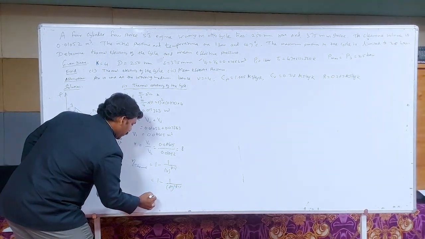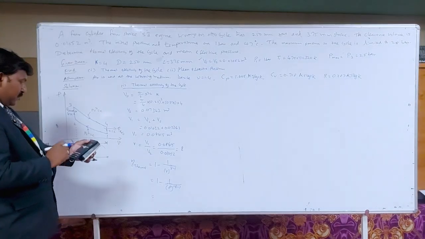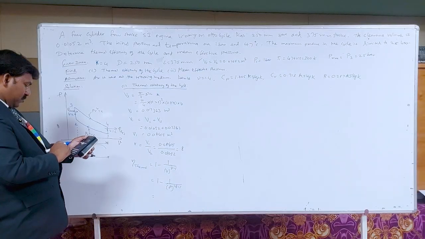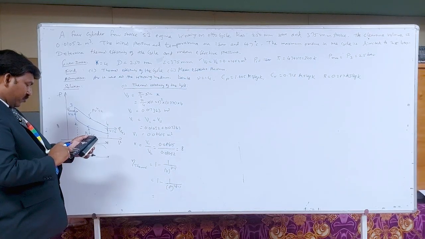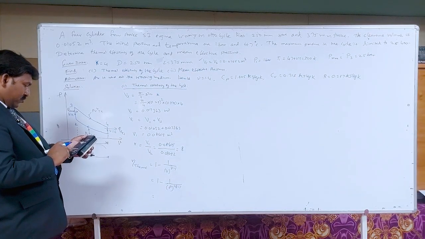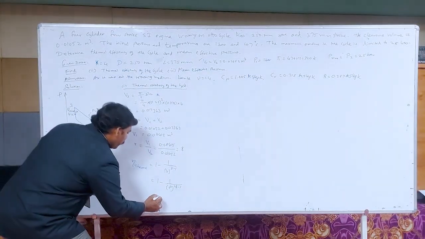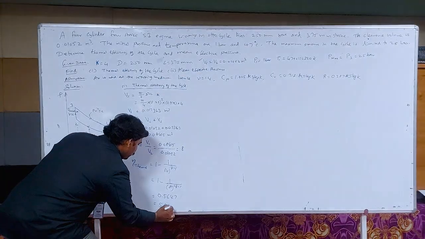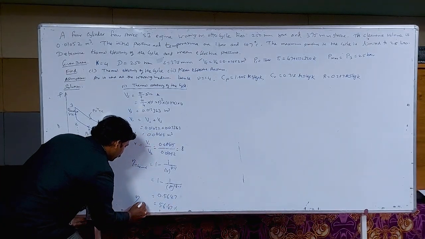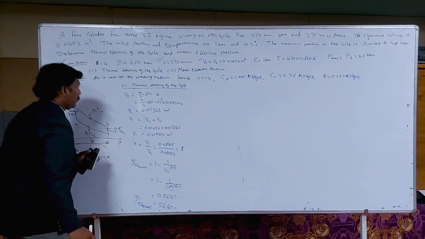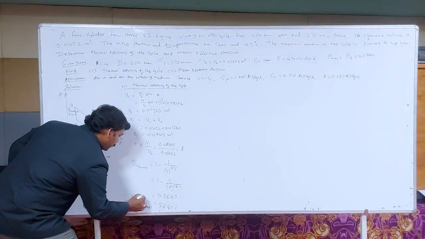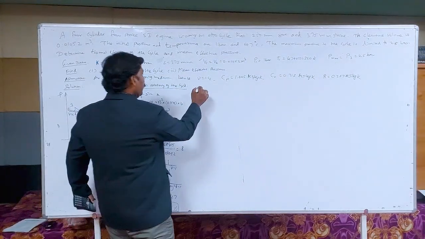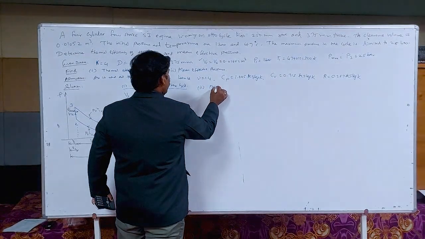So 8 power 0.4, it's 56.5647, that is equal to 56.47% is the thermal efficiency. Okay, so this is the one answer we get. Now we have to find out the case 2, mean effective pressure.